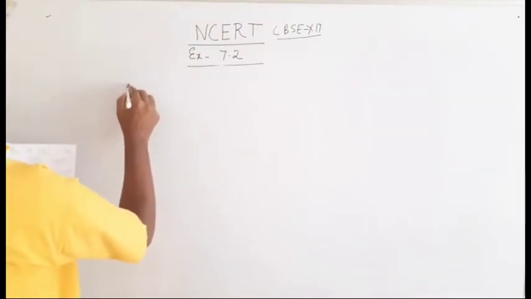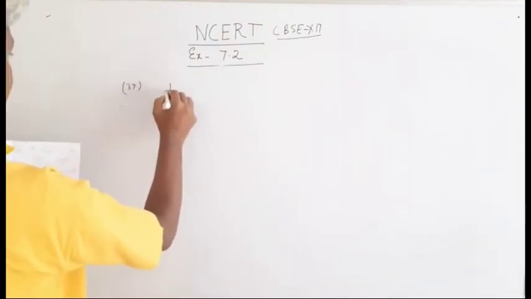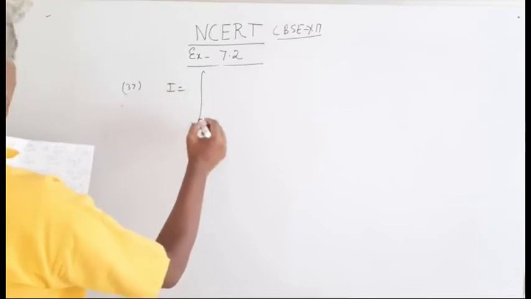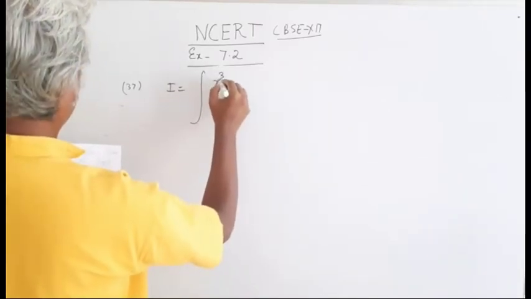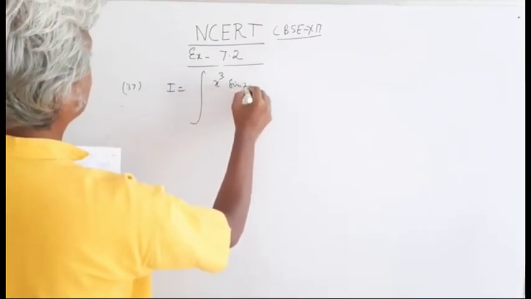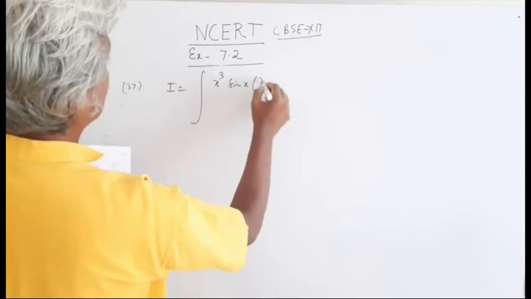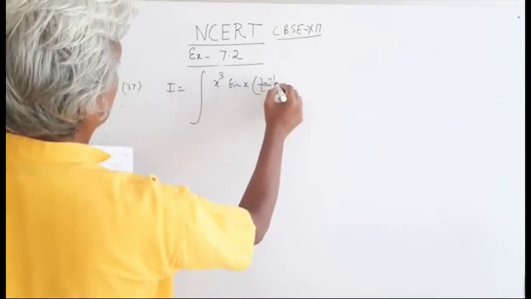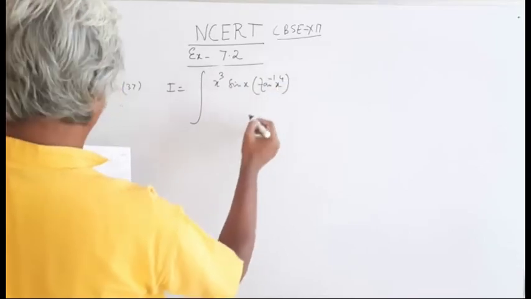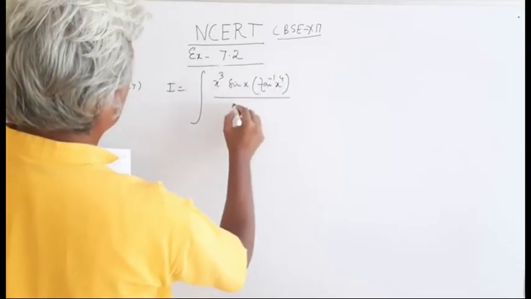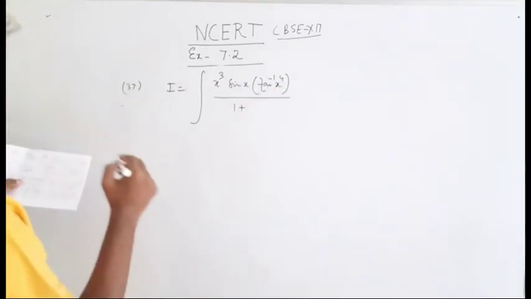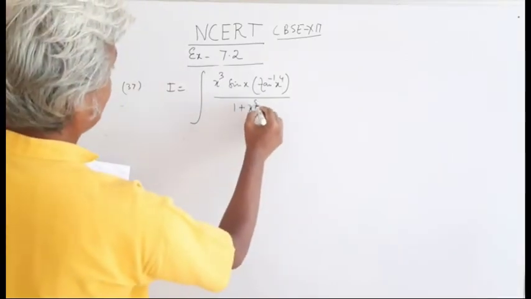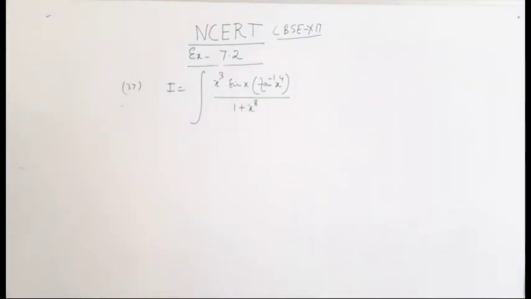Now question number 37. Integral I is x cube sin(tan inverse x to the power 4) over 1 plus x to the power 8 dx. How can we solve this question?